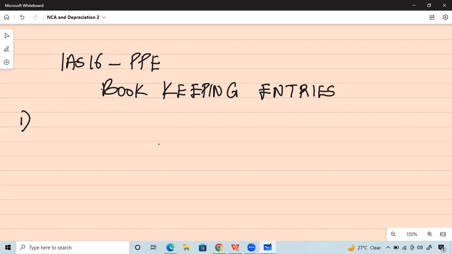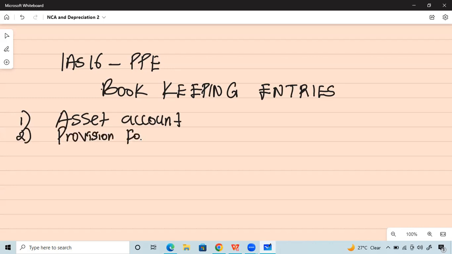These are the ledgers that we need to open. We need to open the asset account. We also need to open the provision for depreciation account.